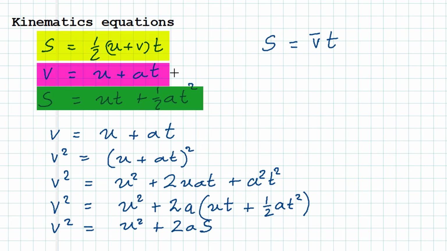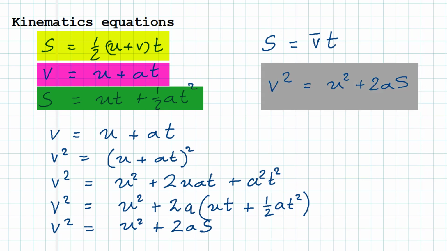We've got 1, we've got 2, we've got 3, and we've got another one, and we can put that down as v squared equals u squared plus 2 times acceleration times s. Now the beauty of this equation is that it's not got time involved in it. If we know the final velocity, the starting velocity, and the acceleration, then we can work out the displacement of that object.